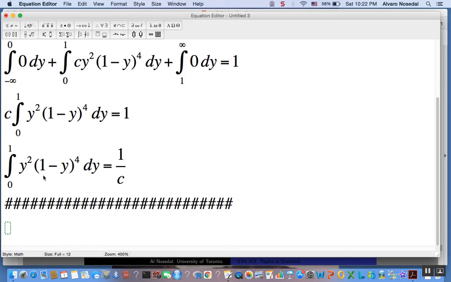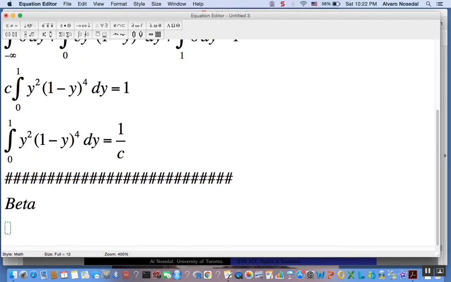So let me remind you what the PDF is for a random variable with a beta distribution. Let me use f(y).